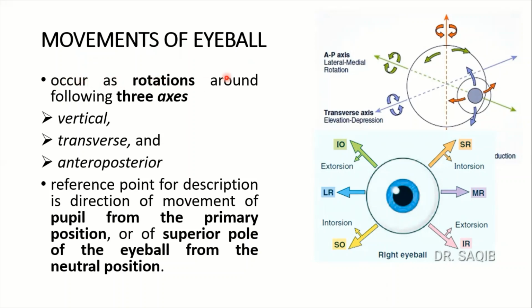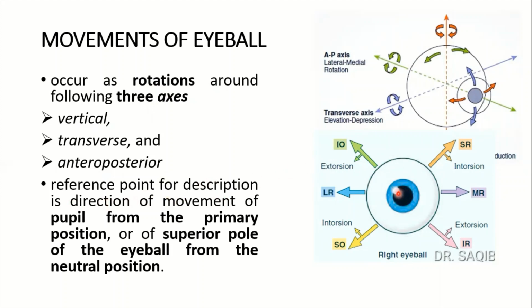So movements occur as rotations around the following 3 axes. First is this vertical axis. The second is the transverse axis. This is the transverse axis. And the third is this anteroposterior axis. So the 3 axes. And a very important thing is that we have to take a reference point for the description of the direction of movement.